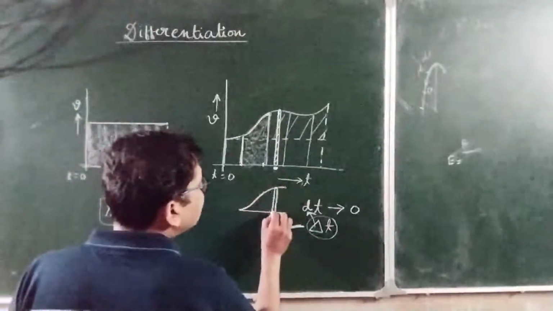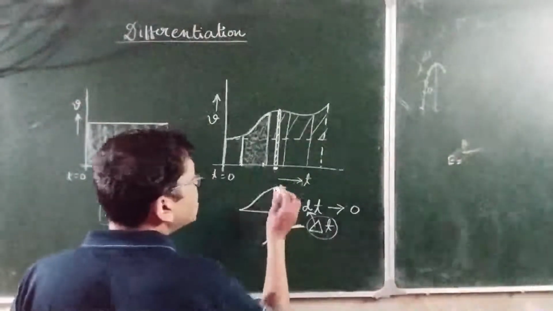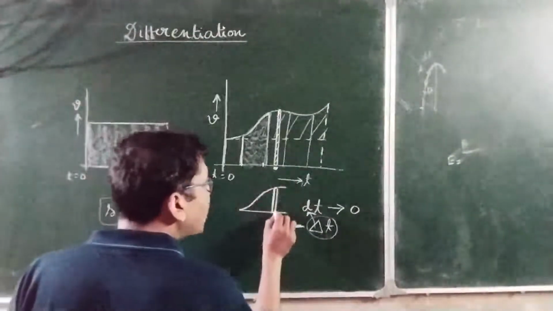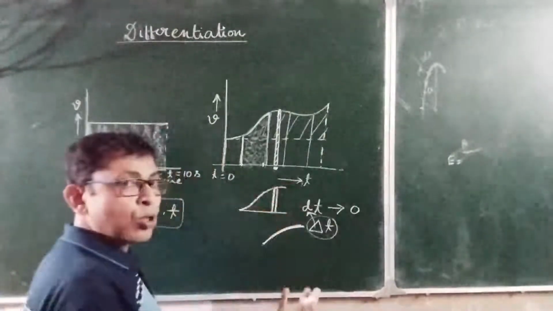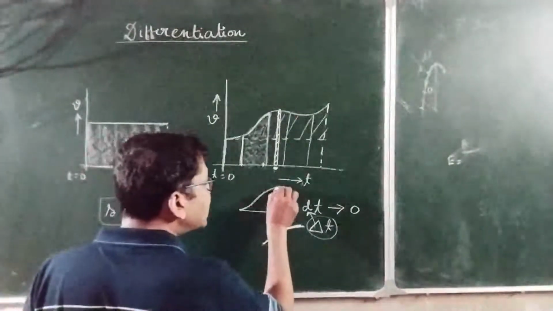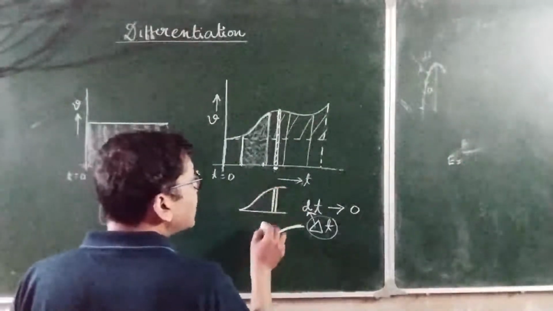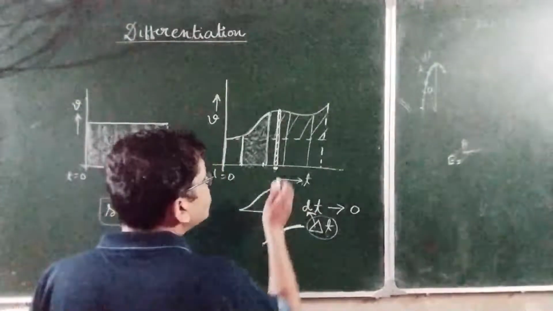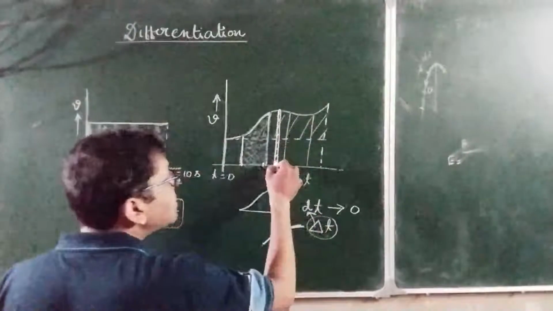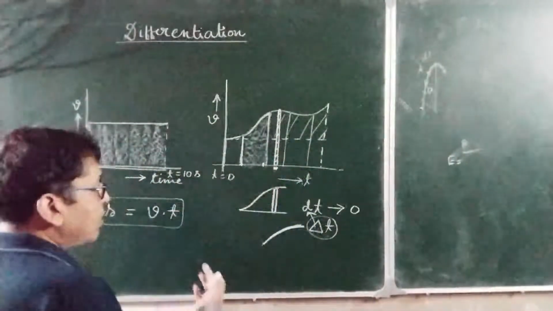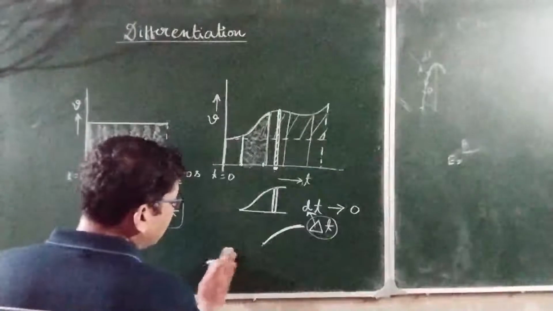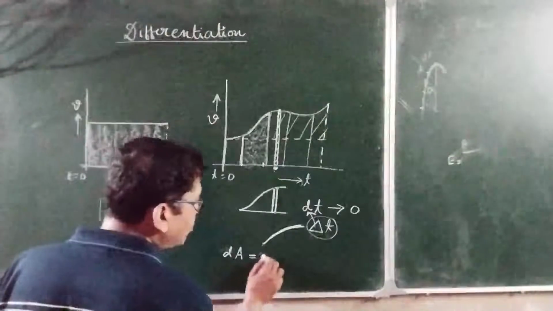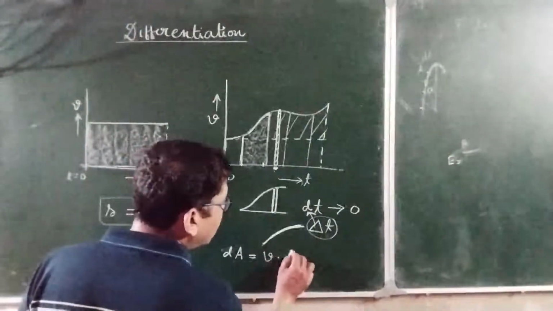Now this height and this height are almost the same. So if you take this as V, you can also take this one as V. So this part is V and this part is delta t. So the area of this extremely negligible rectangle is dA, a very small area, and that is equal to V into dt.